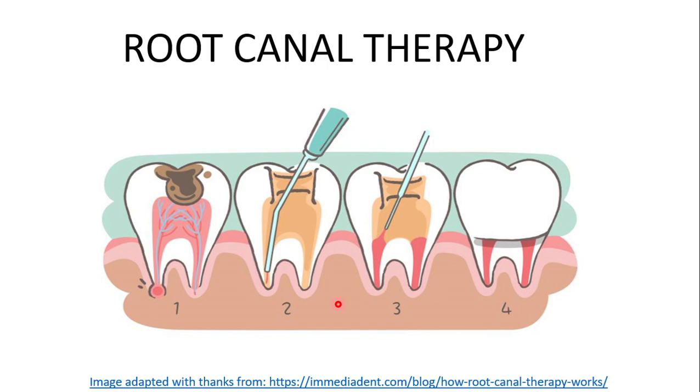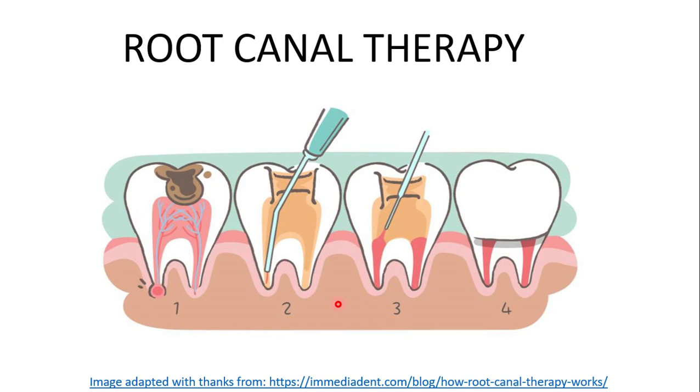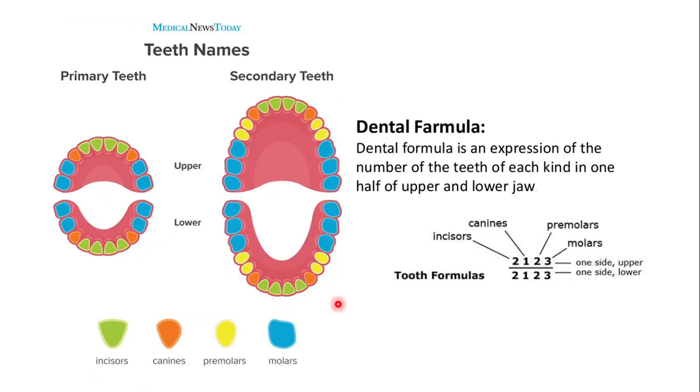Okay, so this is the general introduction to the structure and function of the tooth, and the root canal therapy. Now we are going to study the general features of the teeth. When we are babies, up to the age of 12 years, the number of teeth we have is 20, and these are also called primary teeth, milk teeth, or baby teeth.